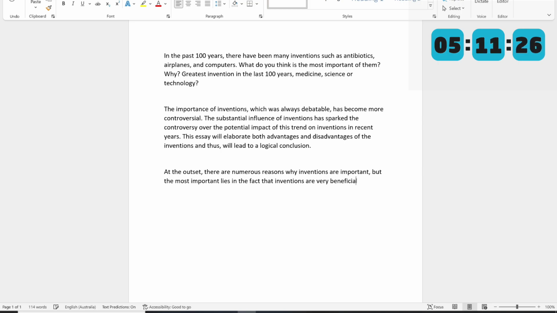Inventions are very beneficial in the progress of the world. I just made it up on the spot because that's a common sense thing. Inventions are obviously beneficial in the progress of the world. That's it. That's my idea. One sentence. Then it says, for example, now you can mention the example of, let's say, computers.